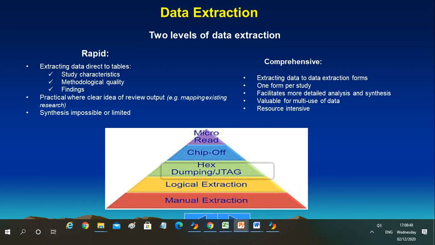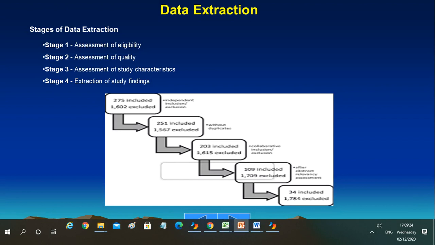In rapid extraction, you extract data directly to tables, that is study characteristics, methodological quality, findings, where there is a clear idea of the review output, like mapping existing research, etc. Synthesis is impossible or limited. Then in comprehensive extraction, you extract data to data extraction forms, one form per study, which facilitates more detailed analysis and synthesis and is valuable for multi-use of data, but is resource intensive. So these are the distinctions between the two types.